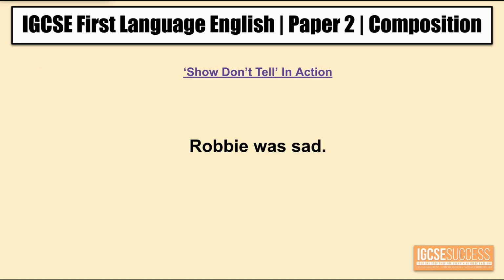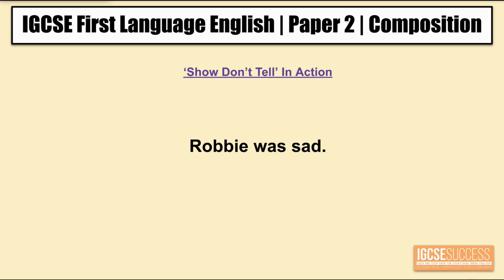Now, let's take a look at 5 rather bland and boring, quote unquote, telling sentences, and let's see how I've transformed them into far more vivid, quote unquote, showing ones. I'll walk you through each one and demonstrate how, with a few adjustments, we can make these sentences come alive by engaging the reader's senses and emotions.